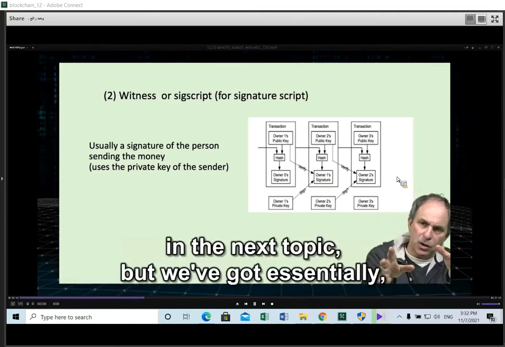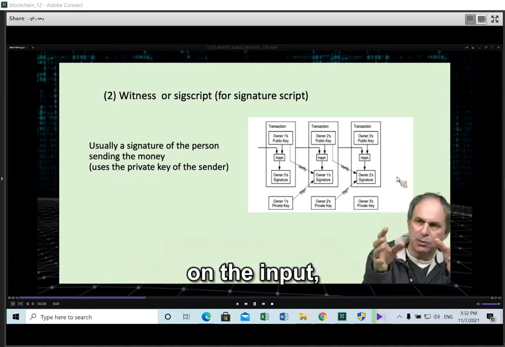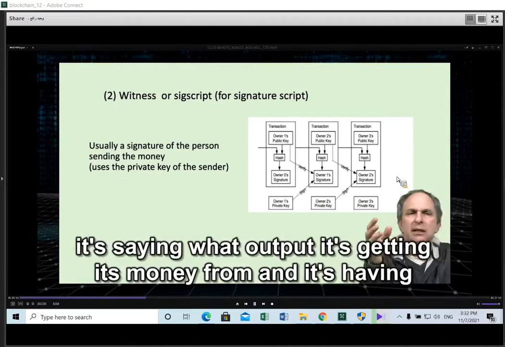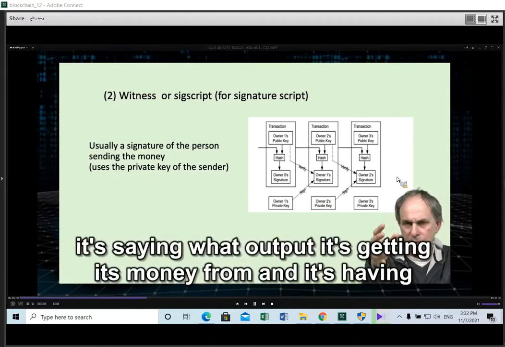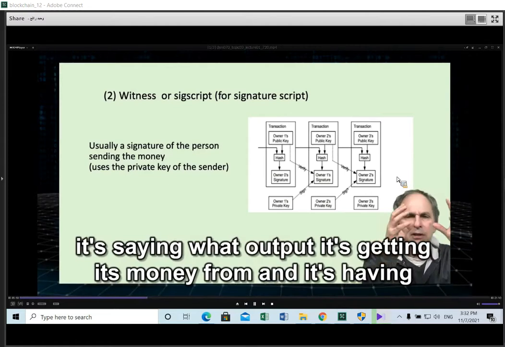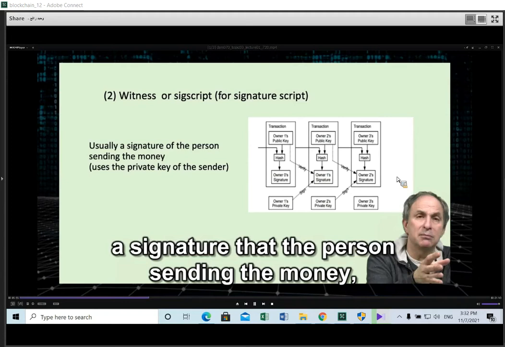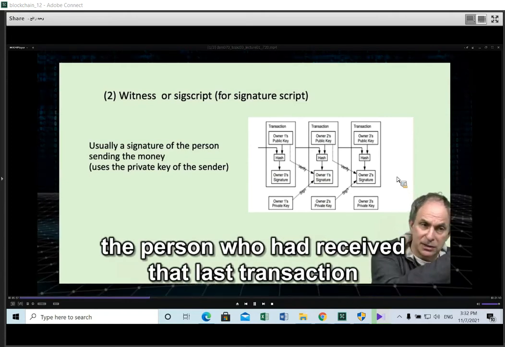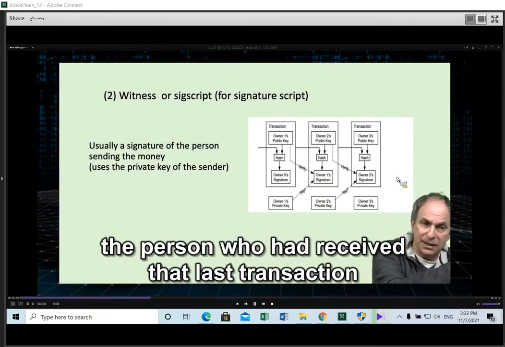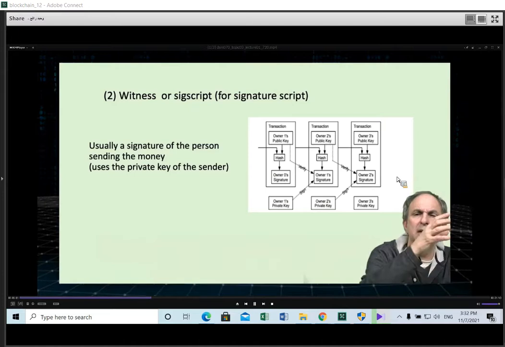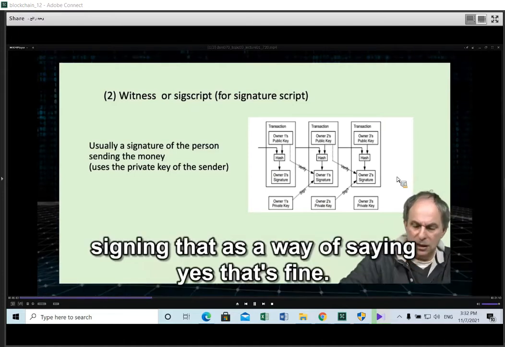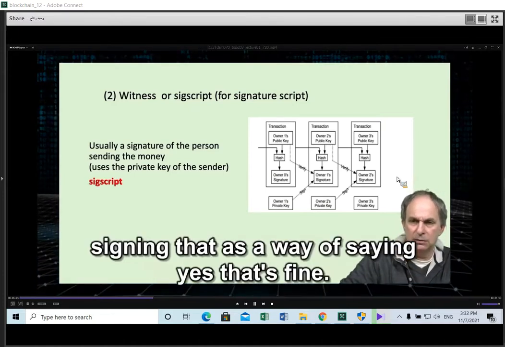On the input, it's saying which output it's getting its money from, and it has a signature from the person who received the last transaction, whose output we're now taking, signing that as a way of saying, yeah, that's fine.